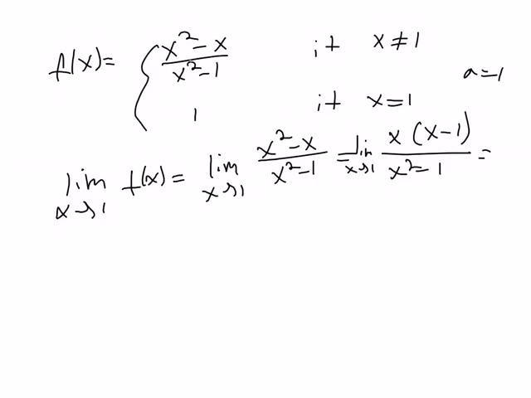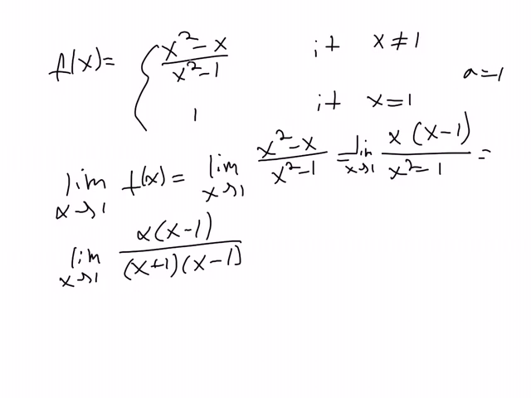This is equal to the limit of x times x minus 1 over x plus 1 times x minus 1. And so these cancel, and this is equal to the limit as x goes to 1 of x over x plus 1.